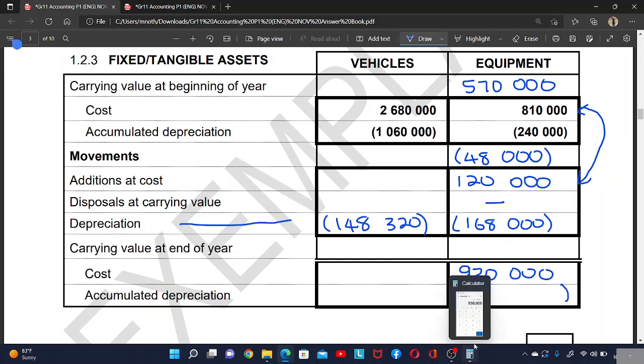Now, to get the accumulated depreciation at the end, we're going to say accumulated depreciation at the beginning plus depreciation.